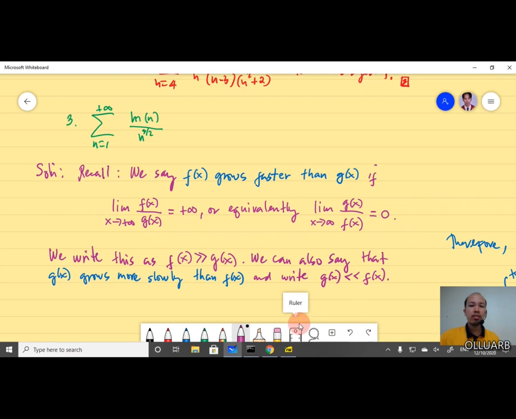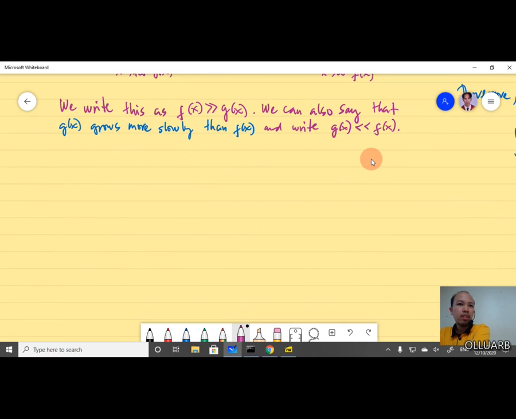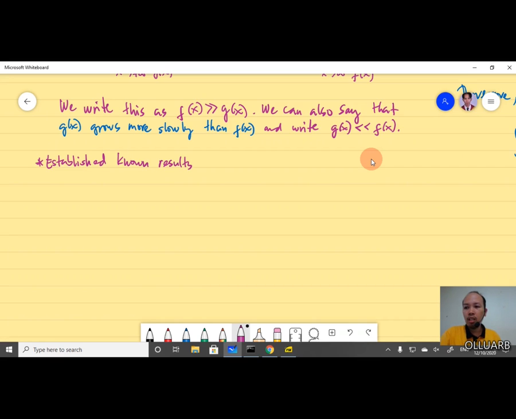Let's move up. So these are the established known results for the rate of growth for sequences as n approaches positive infinity.